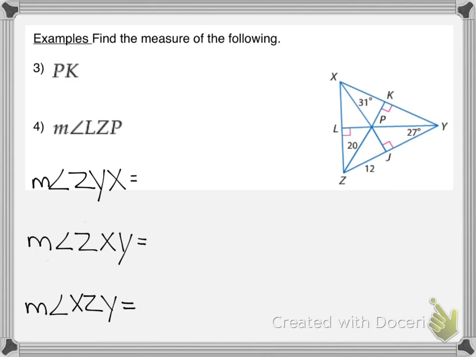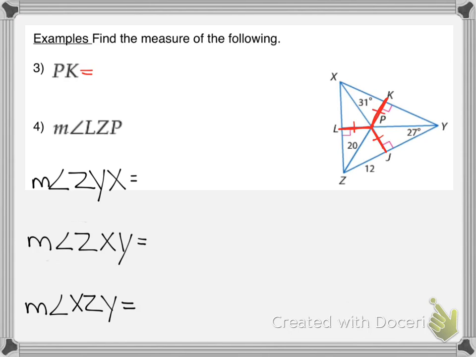So the last example we're going to look at for tonight, and we will be done, is this one. We want to find the measure of the following. The first thing we want to find is PK. So if we're looking at PK, it would be this length here. And it goes from incenter to the side, so it's congruent to all the other segments that go from incenter to side.